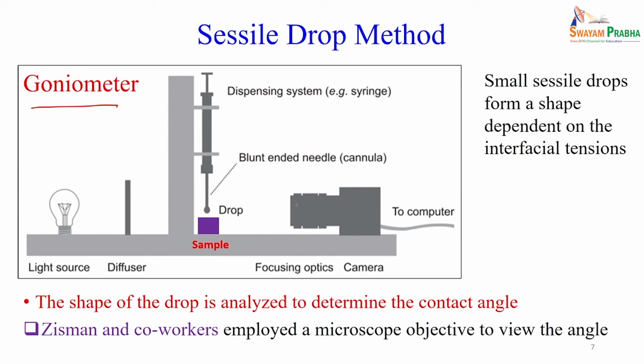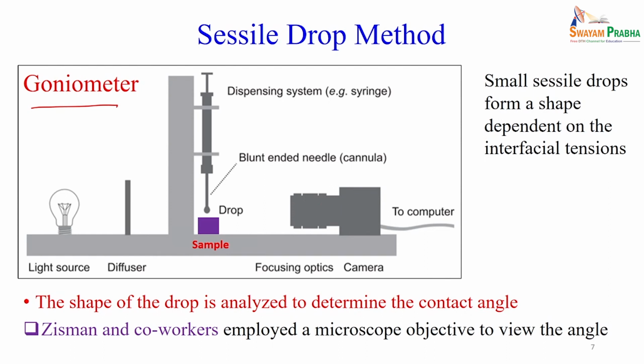So, here this is a camera which is going to record what is happening here. This is a light source, this is a filter, and here this is your surface or your sample, and you are going to put a drop over here, and the shape of the drop will be recorded by the camera.